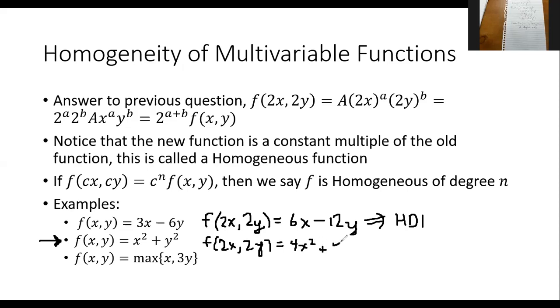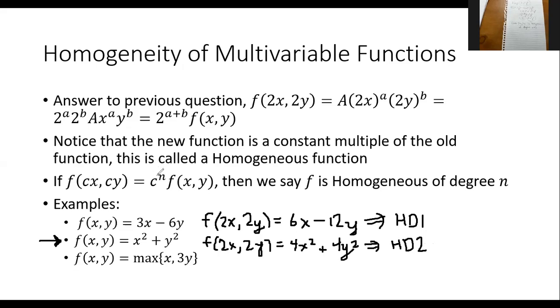Plus 4y squared. This is exactly 4 times the original. x squared plus y squared is the original. 4x squared plus 4y squared is what we get after doubling the two inputs. That means it's homogeneous of what degree? Would it be 2? Yeah, it's 2.